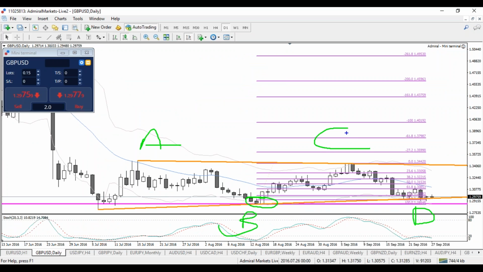Or alternatively, the C has ended here, and this is the start of a new downtrend. That all depends how price is responding at the bottom, this support level. So it needs to break through this pink one here before we have the triangle invalidated. At the moment, it's stopping at the 88.6 fib and this trend line.